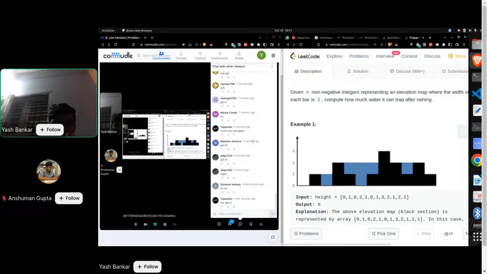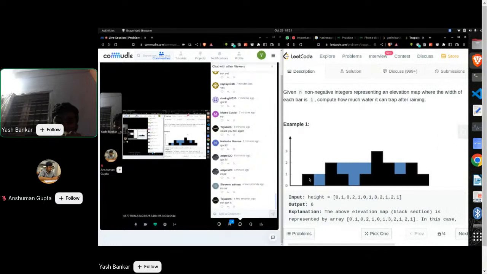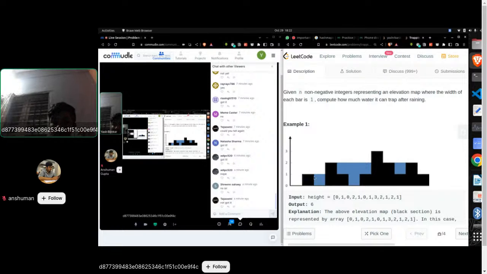Not got it. Okay, so this is the question; you can read it here directly. Consider these all as stones. After heavy rain, some water is stored here. If the water is greater than this, it may spill out here and then go into the soil. So what is the maximum amount of water that can be stored in this trap?